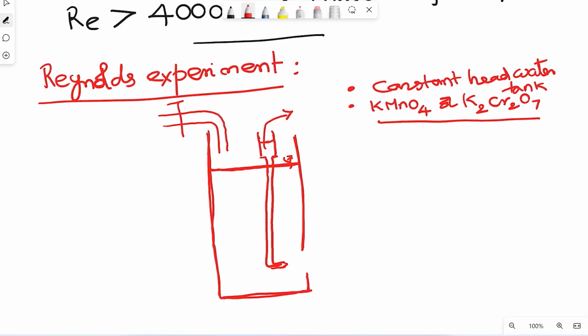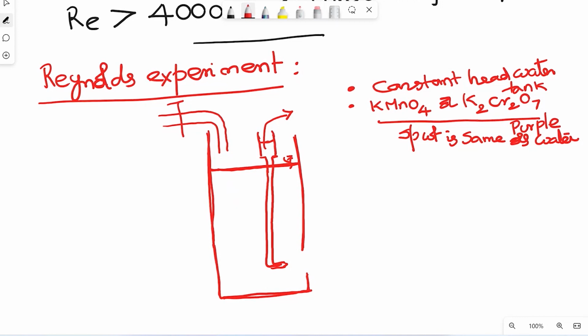Why these two liquids? Their color is a strong purple color, that is number one. And second, the specific weight is the same as water. So he has taken a liquid having the specific weight same as water, but a strong color.